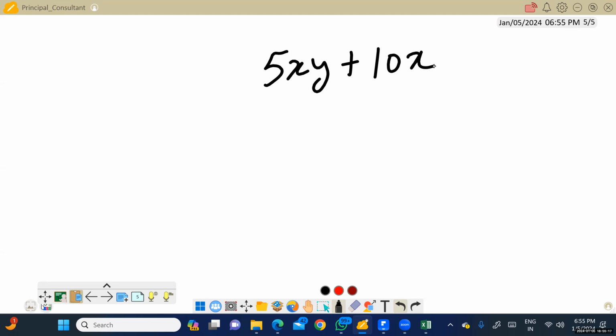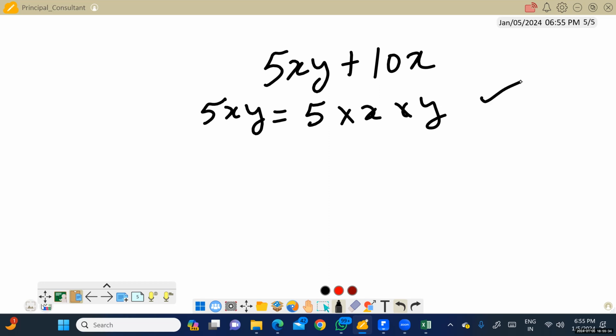So 5xy plus 10x. Let's break this, okay? 5xy is nothing but 5 into x into y. This is clear? Okay, sir. Sir, I am rejoining in a minute. Okay. Utkarsh, is this clear?